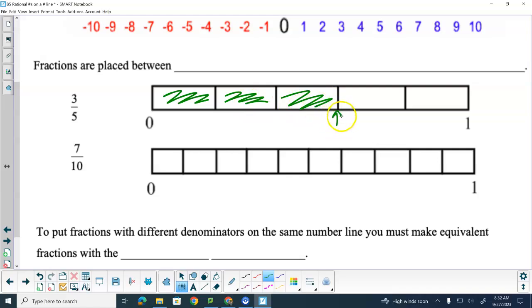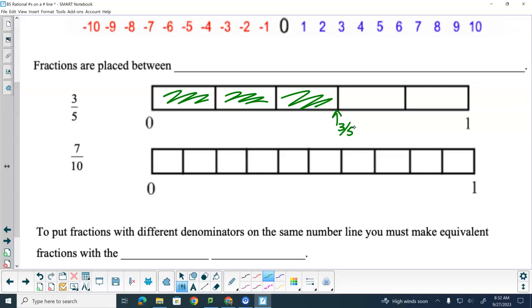So right here would be 3/5. Notice where it falls in between 0 and 1. Is it closer to 0 or is it closer to 1? It's closer to 1 because it's on that side.